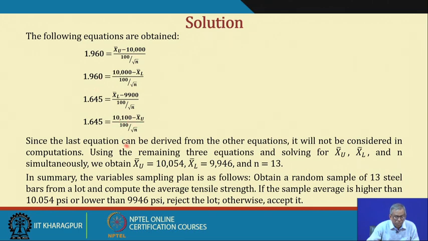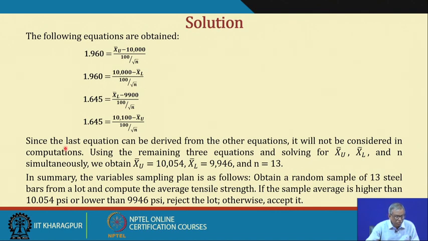So all these four expressions you have. So this is 1.960, this is minus 1.960, this is 1.645. You refer to the standard normal curve. Okay, so against those corresponding tail areas, you will get these values, and again this will be minus 1.645. Okay, so one is positive, second one is negative, third one is positive, fourth one is negative.